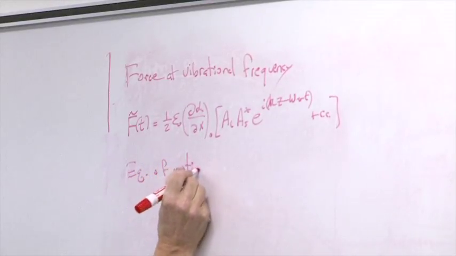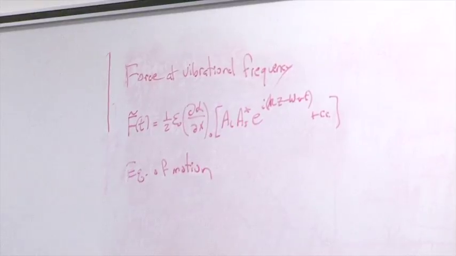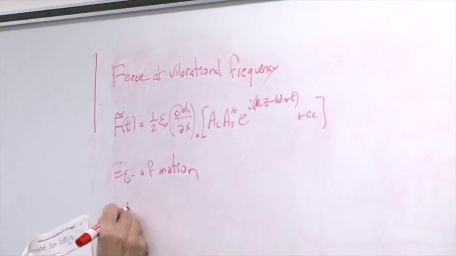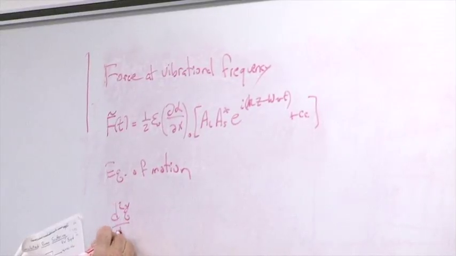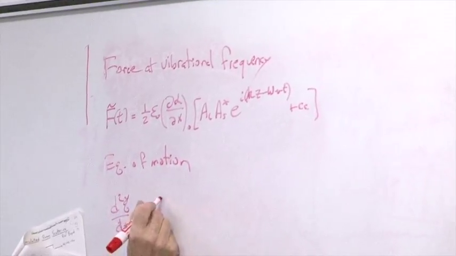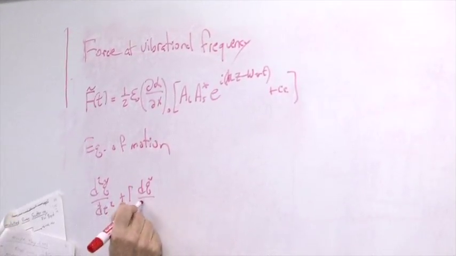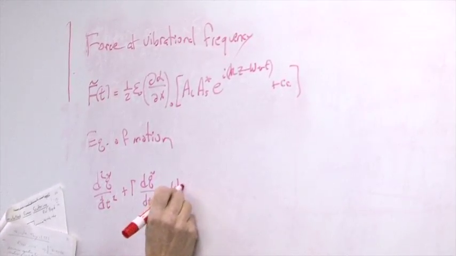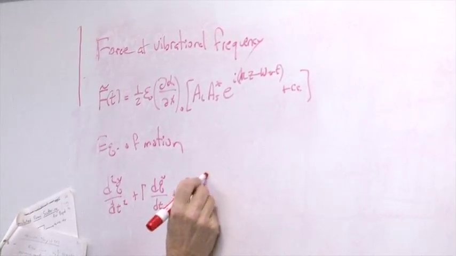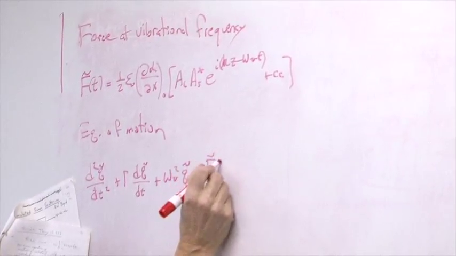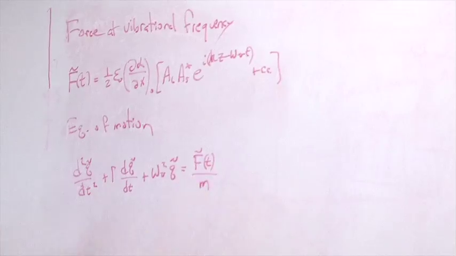Now, of course, I've long ago erased the equation of motion. Let me write it down again. So the equation of motion is d2q dt squared plus gamma dq dt plus omega v squared q is equal to f of t over m.